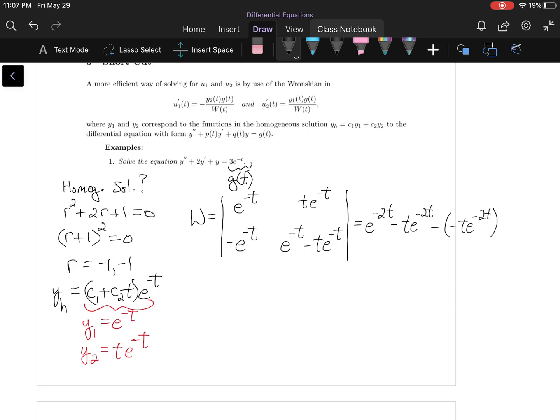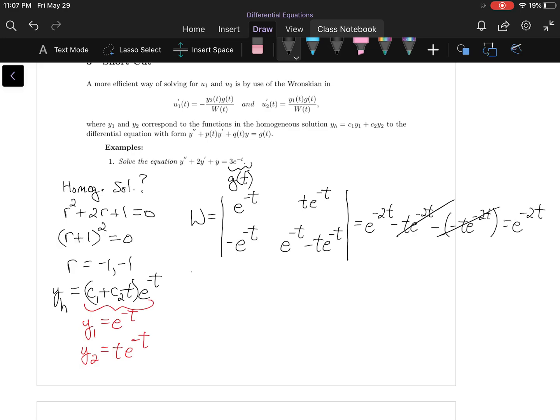And when you simplify, you're going to have a minus t e to the negative 2t plus t e to the negative 2t, so those disappear. And we are just left with e to the negative 2t.